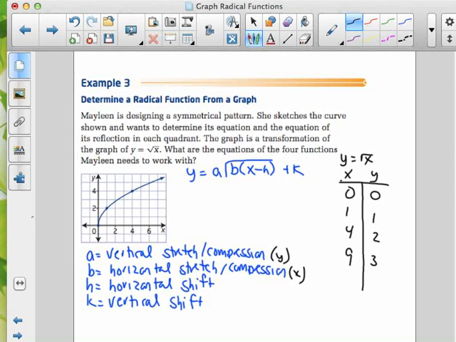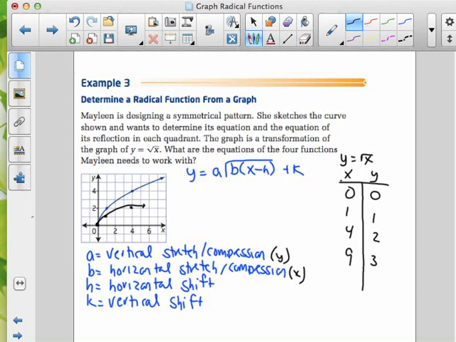All right? So if we look at our parent function, let's graph our parent function here. 0, 0, 1, 1, 4, 2. And that's really all we can fit on this particular graph. Oh, and let's connect. All right, so we notice there's a different slope to it.